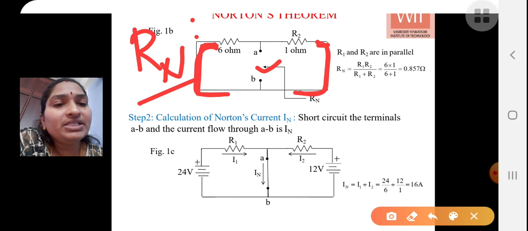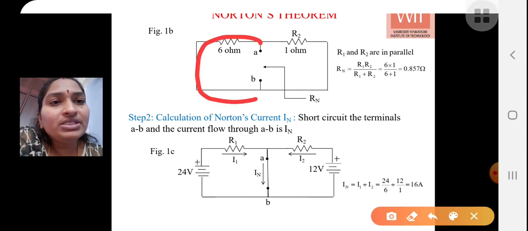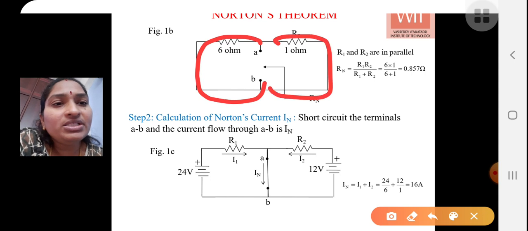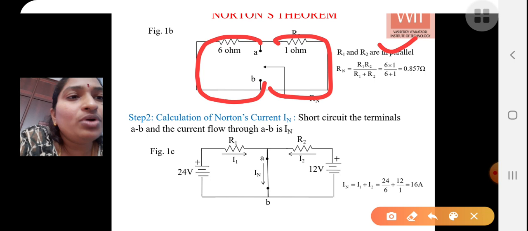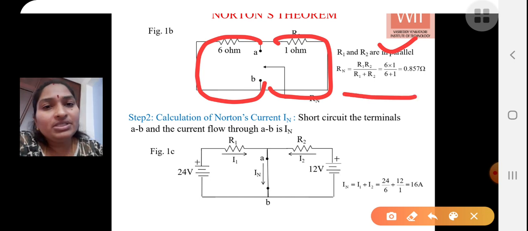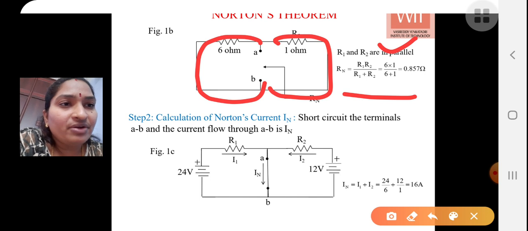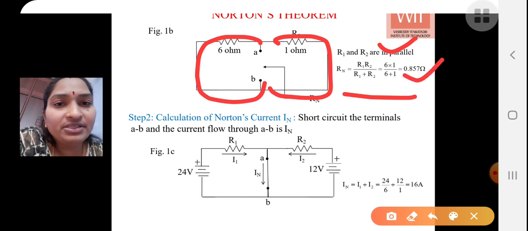So after short circuiting, we can see these two resistors are both connected across A and B, so those two are said to be in parallel. R1 and R2 are in parallel. Then Rn will be R1 R2 by R1 plus R2 from the parallel combination of resistors. So we got Rn as 0.857 ohms.